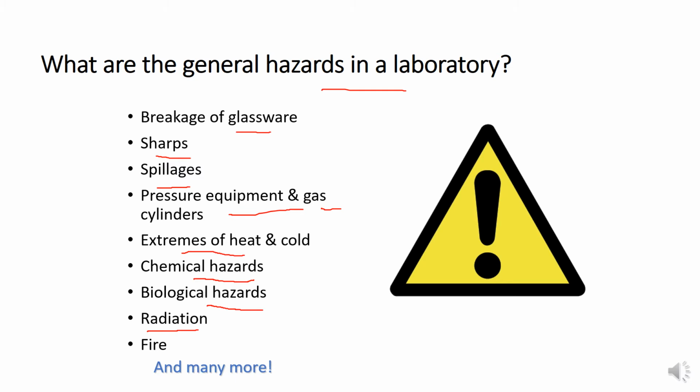UV light is used whenever we analyze DNA fragments, RNA fragments, or do protein analysis. Normally we have to face these radiations, and there are protections and SOPs for them. And of course fire, electric, and many more. There are many other hazards you can experience in the lab, and we will discuss them all in coming lectures.